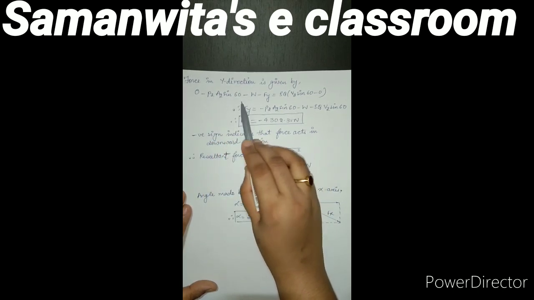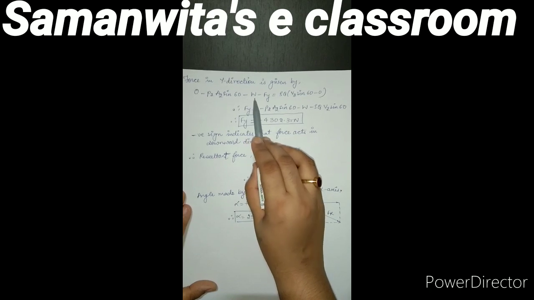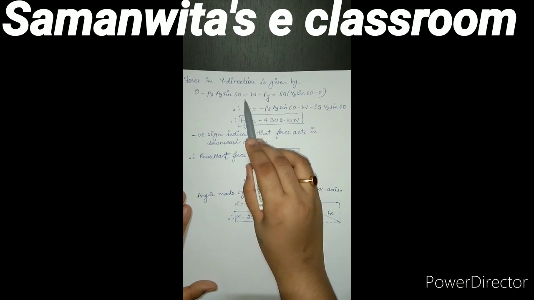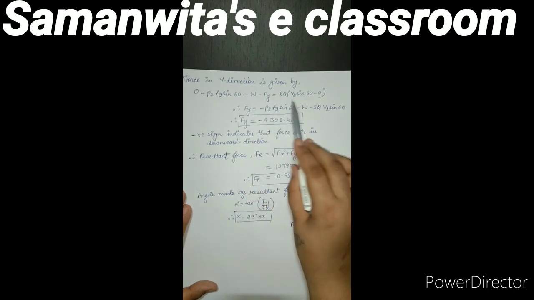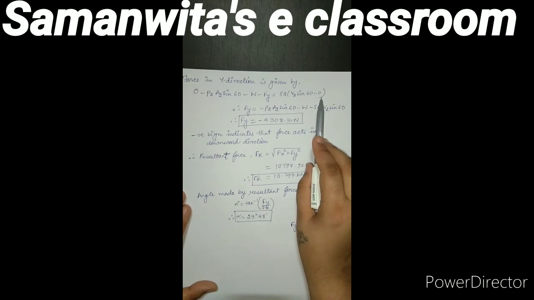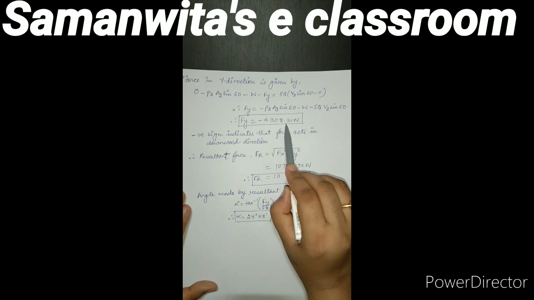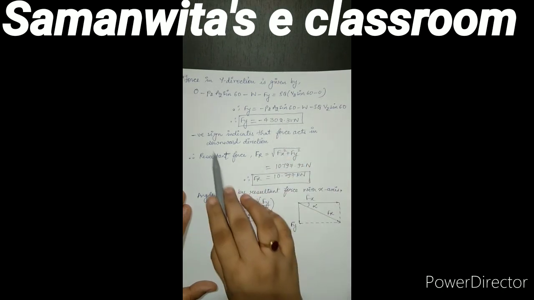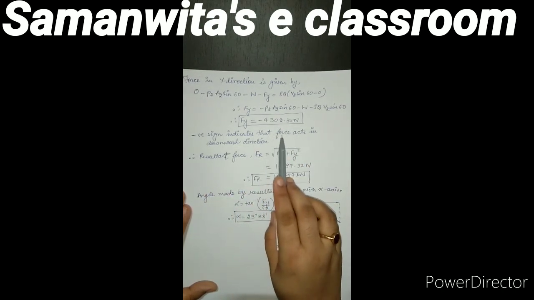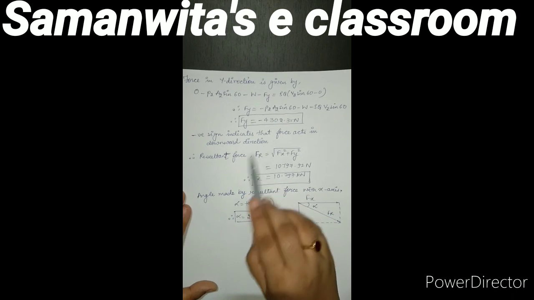The only term added in this question is the minus W, which is the weight of the water which is accumulated in the bend and it is acting in the downward direction. So I take it as minus W. Right hand side term remains the same like the previous problem. I get Fy as minus 4302.35 Newton. Negative sign again indicates that the force Fy is acting in the downward direction.